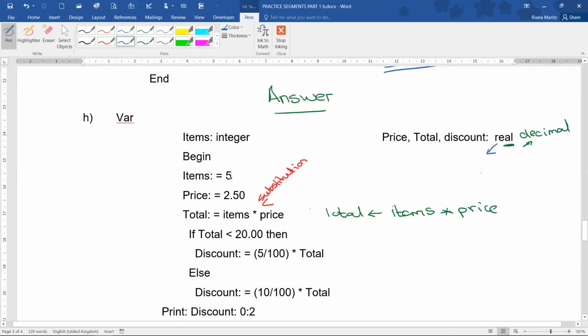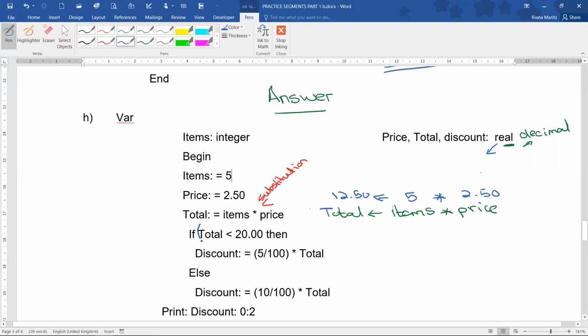Items is 5 and price is $2.50. Let's just fix that T. That becomes now, yes, $12.50.